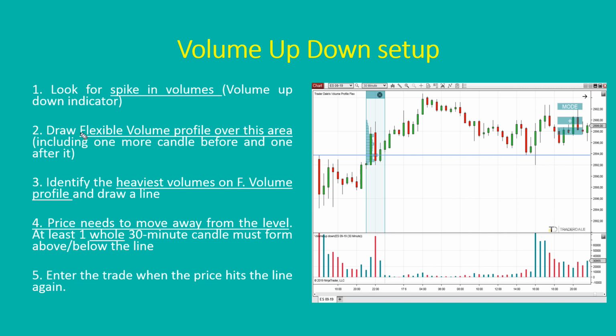So when you see volume bars heavier than other volume bars, then you go to step 2, and in this step you draw a flexible volume profile over this area. You draw the flexible profile over the area where there was the volume spike, like this. This is the area you are interested in.